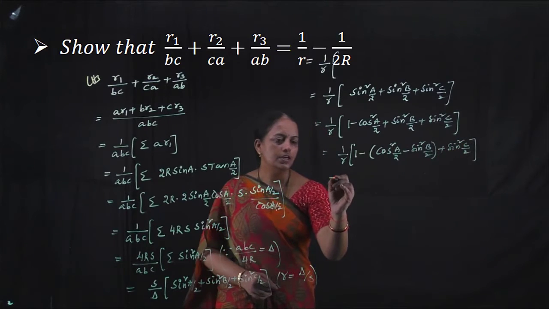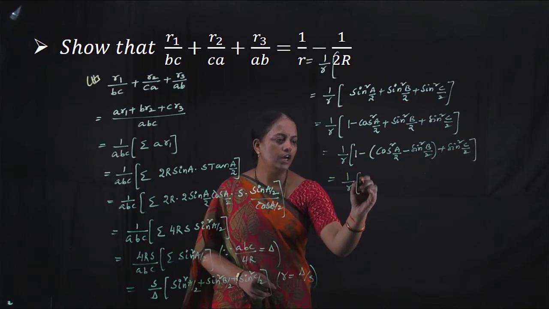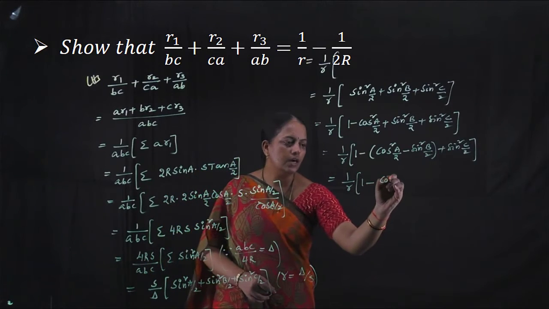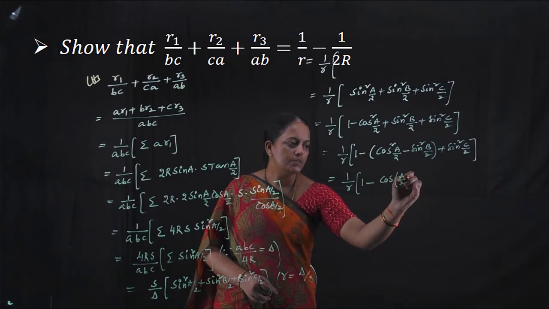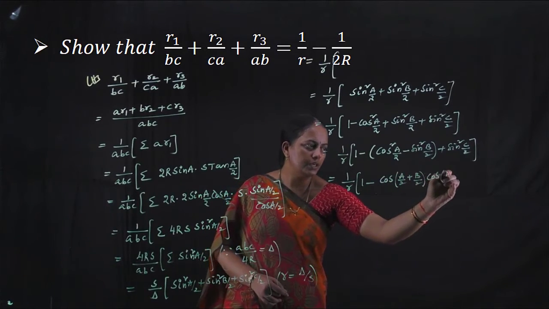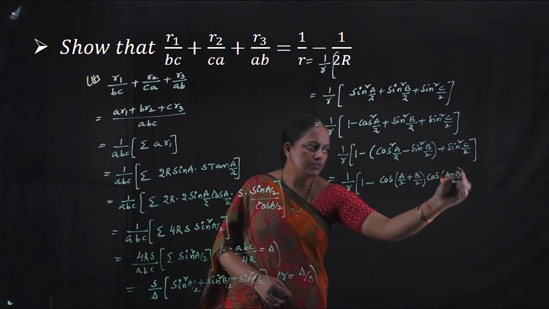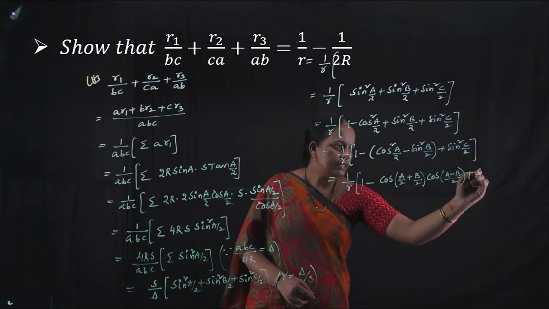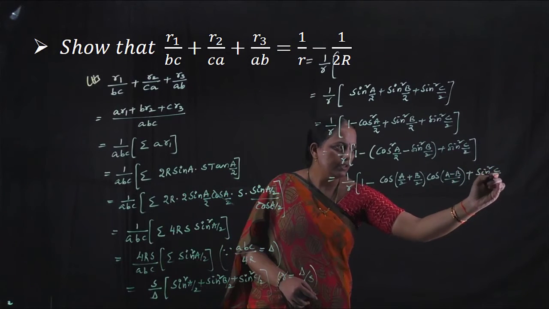Okay, this is equal to 1 by r into 1 minus of cos square A minus sine square B means cos of A plus B into cos of A minus B plus sine square C by 2.